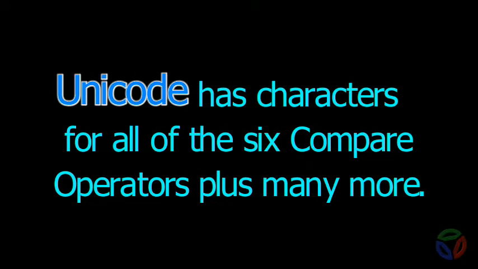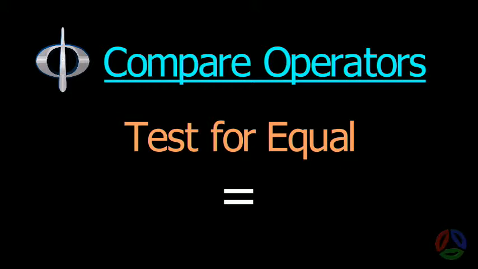Phi implements all of these compare operators with a single character in each case. So the compare for equal operator is just a single equal sign. Those of you who are so entrenched in the double equal symbol, which is used in C++, C#, and Java, will be informed by the compiler of the error if you accidentally place a double equal symbol in your program, because it does not mean anything in phi.